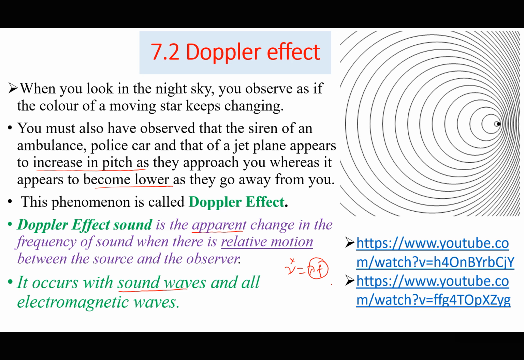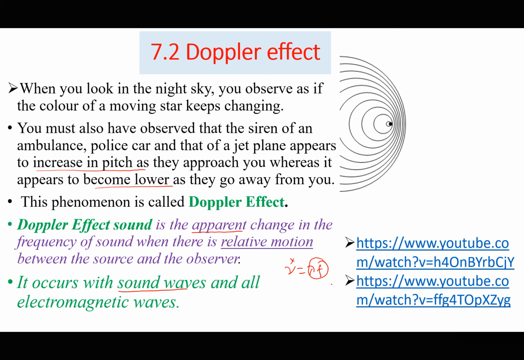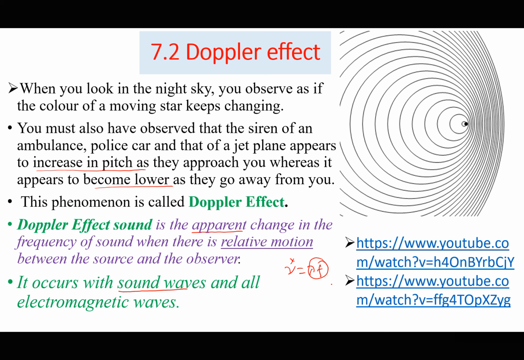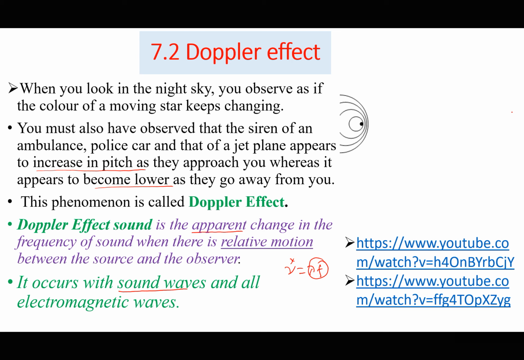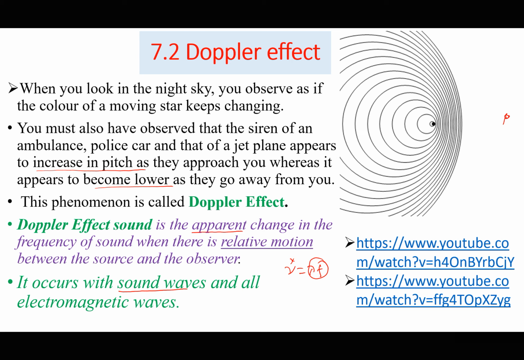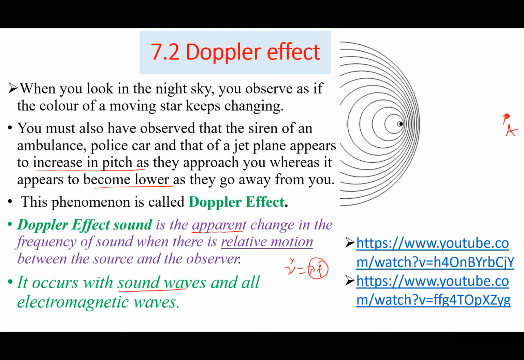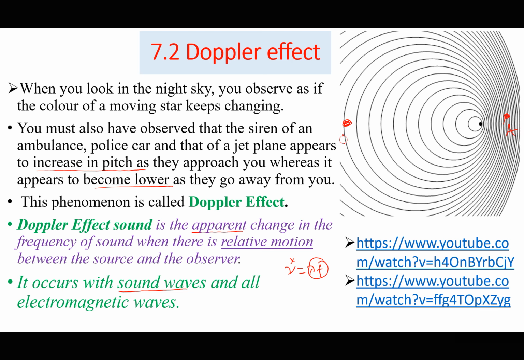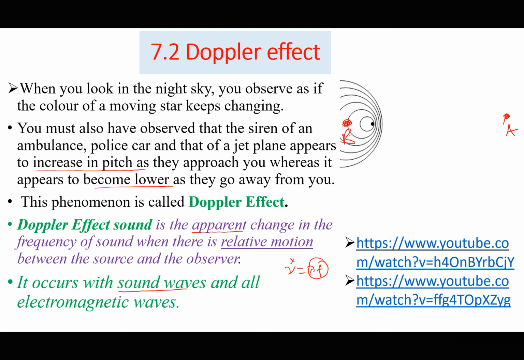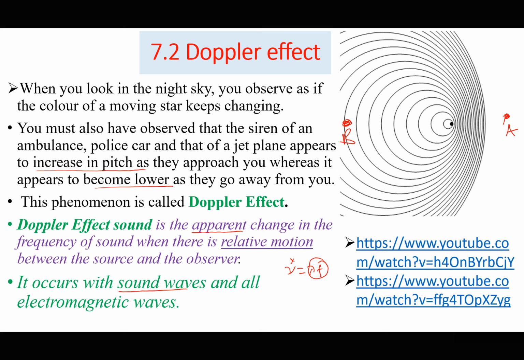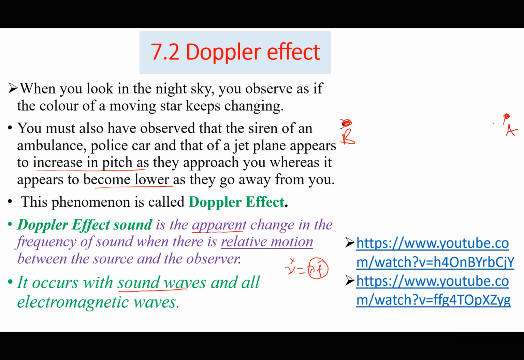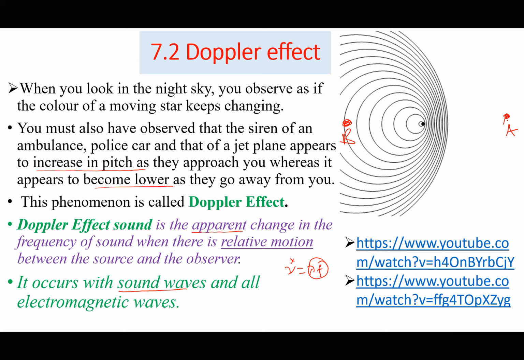Now this animation here is actually showing what happens during a Doppler effect. Let us assume there is an observer standing somewhere here. I'm going to call this observer A, and there's another observer standing somewhere here. I'm going to call this observer B. For observer A, we notice that the waves come closer as the source moves towards the observer.